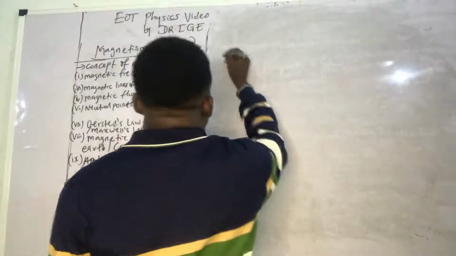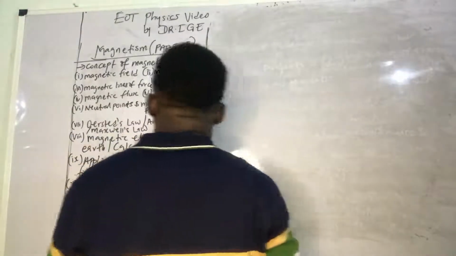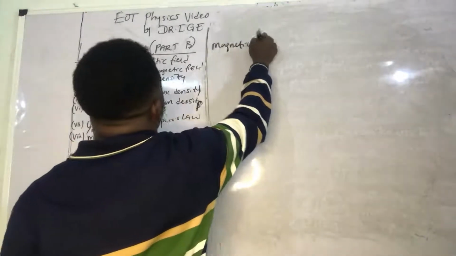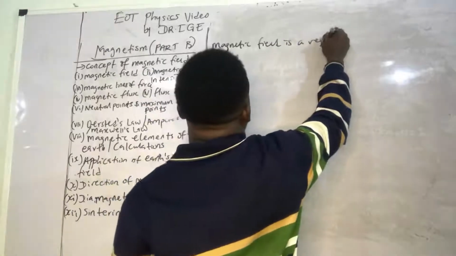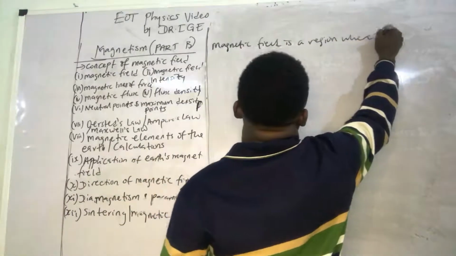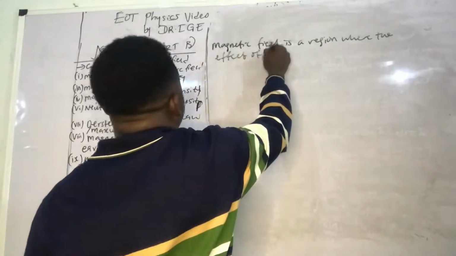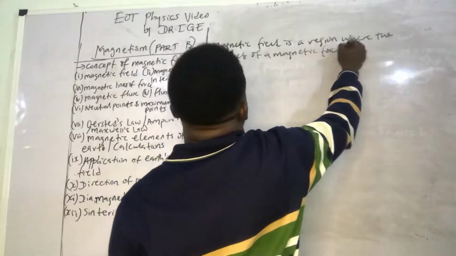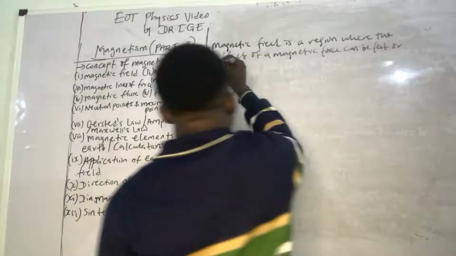So what is a magnetic field? That's one of the first questions. Please take note that a magnetic field is a region where the effect of a magnetic force can be felt or detected.